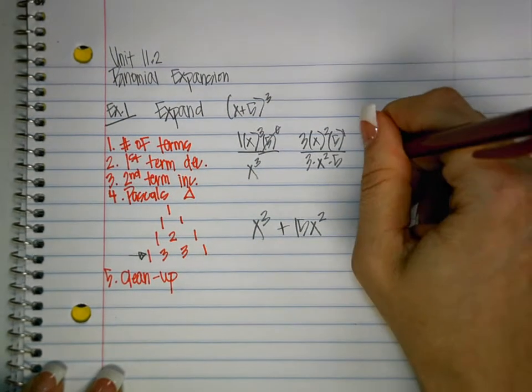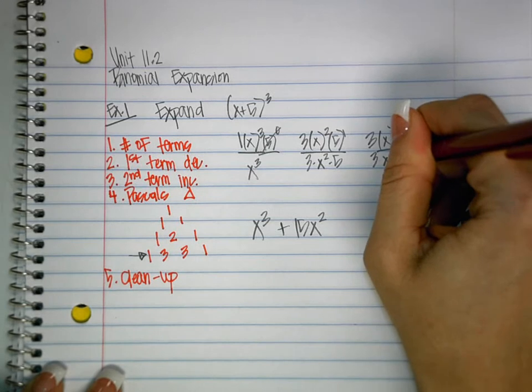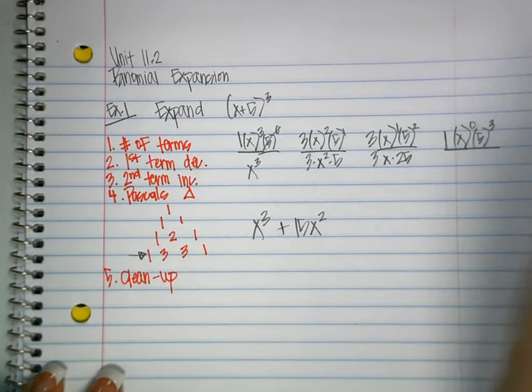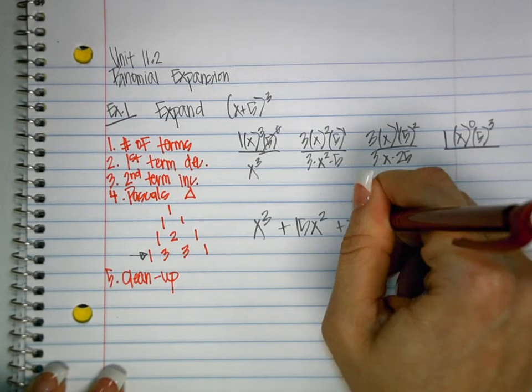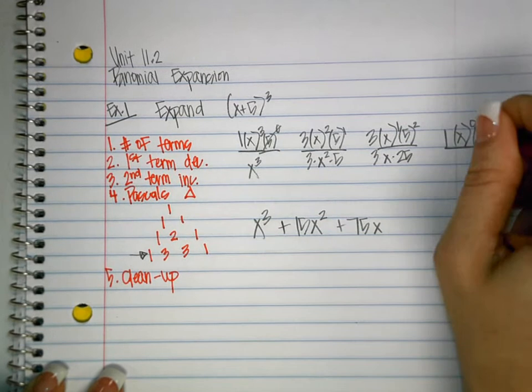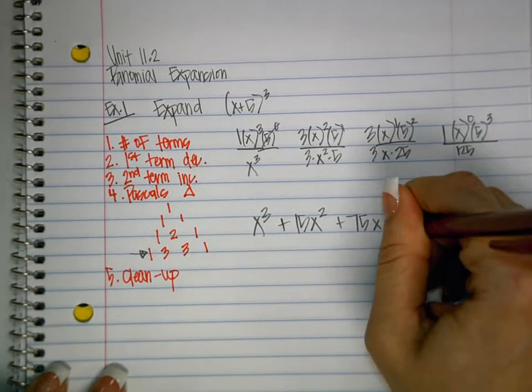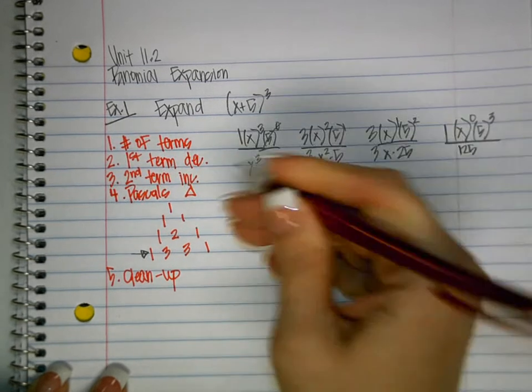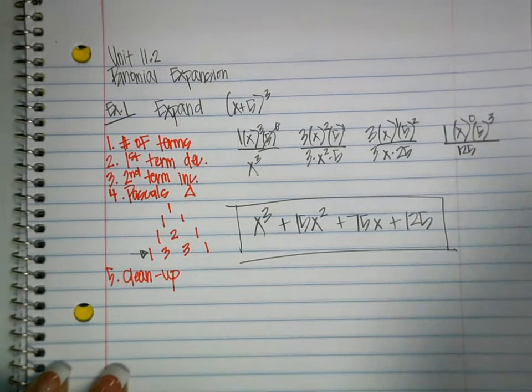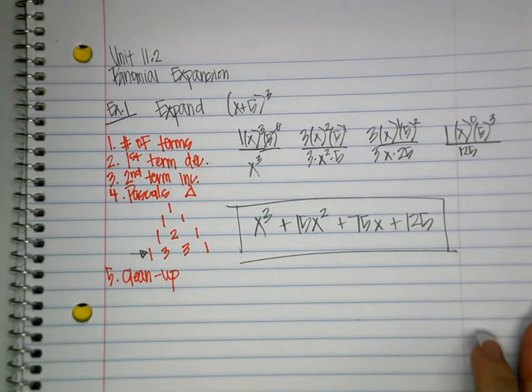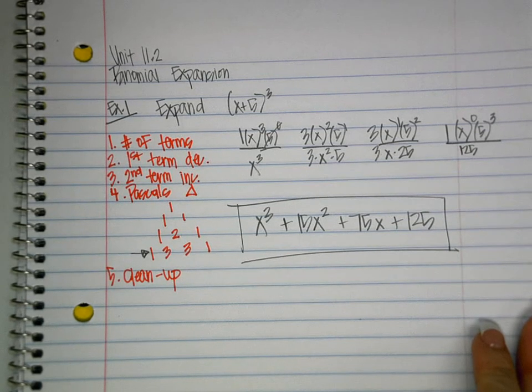Then we're going to be multiplying 3 times x times 5 squared, which is 25. Multiply that together, we get plus 75x. And then finally, 1 times 5 cubed is 125. So plus 125. That is your binomial expansion of that.